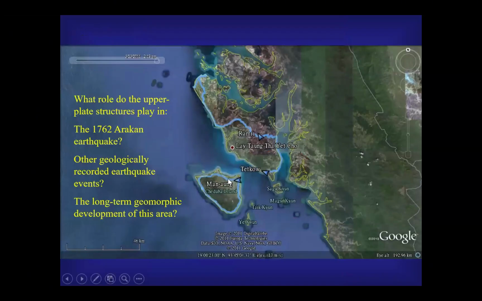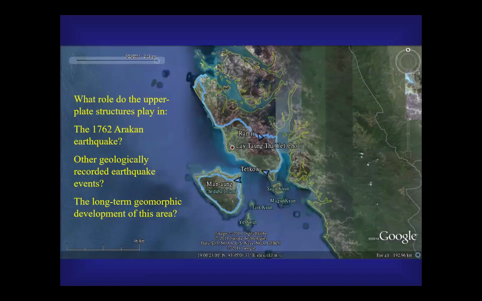In these two islands, again, this is the Ramari Island in the east and the Chiduba Island or Maong Island in the west, we want to answer three important questions. First, what role did the upper plate structure play in the 1762 earthquake?